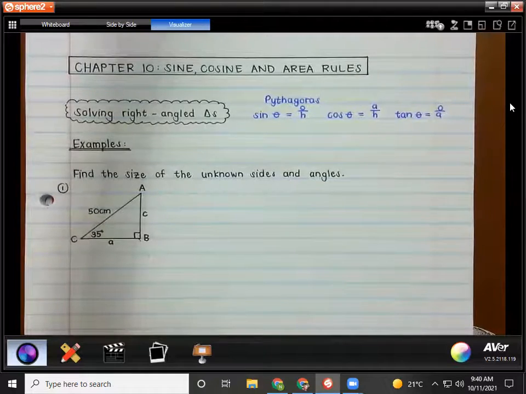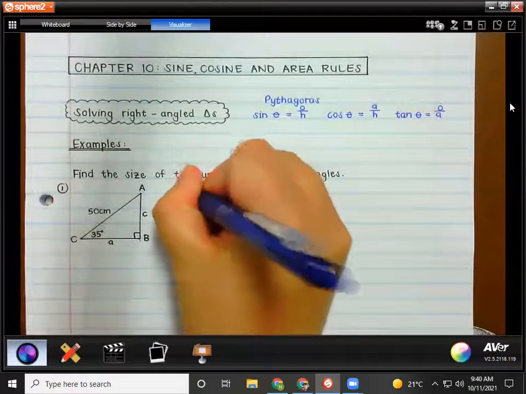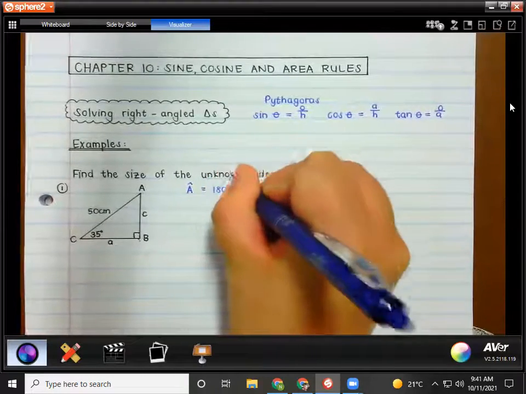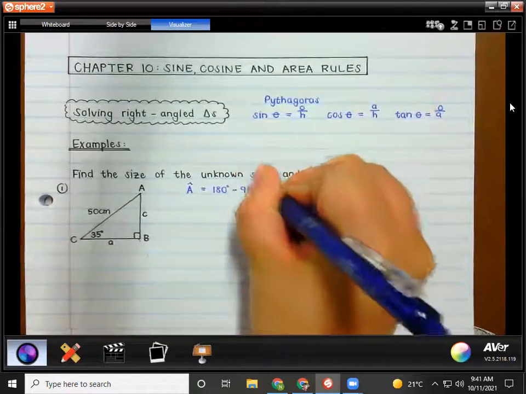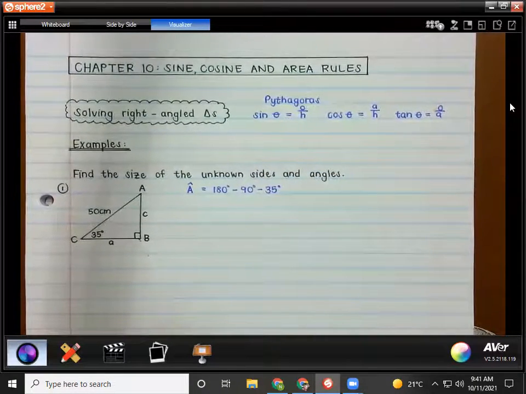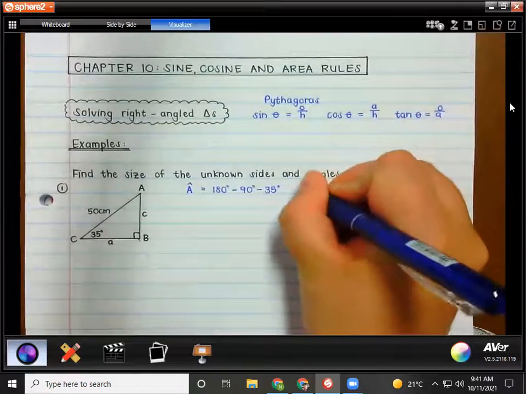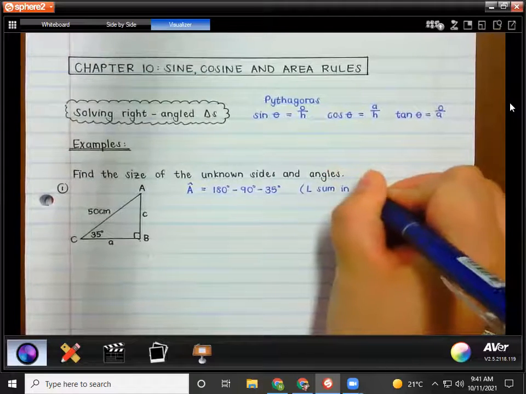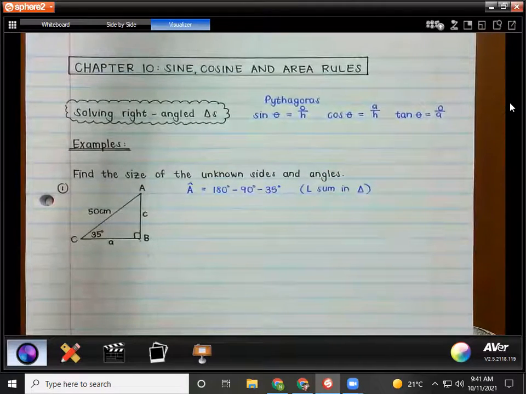So angle A, let's write it underneath. You don't have to show the step where you are subtracting, but I'm just writing it down in full. If we are using that, we always have to write down a reason. What is the reason? Angle sum in triangle, good.